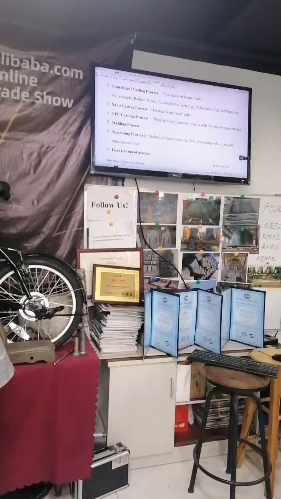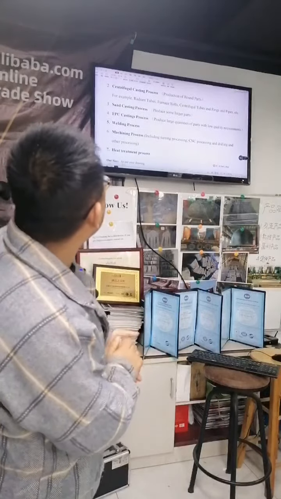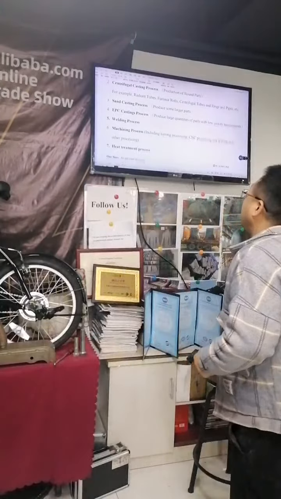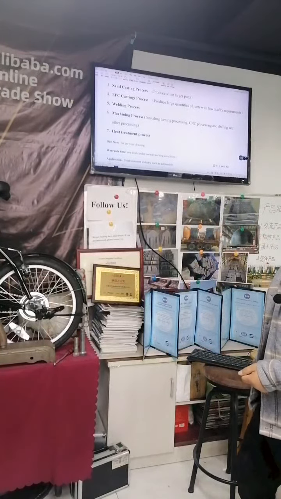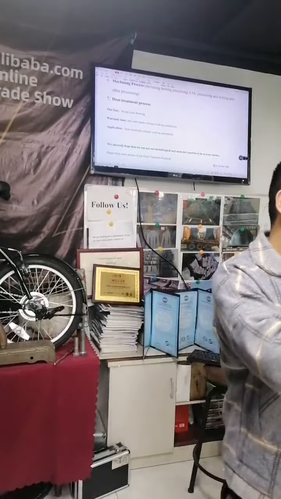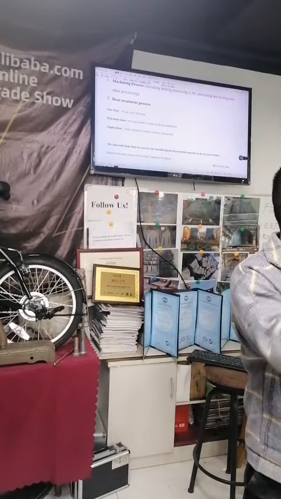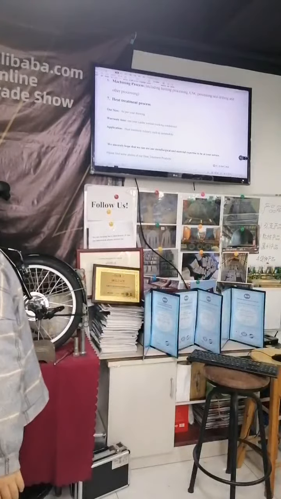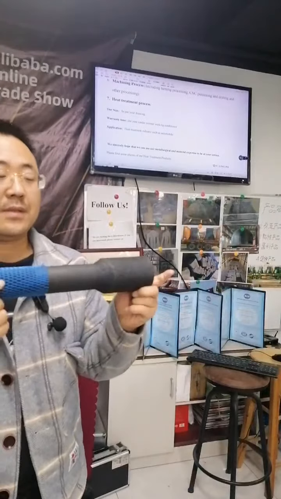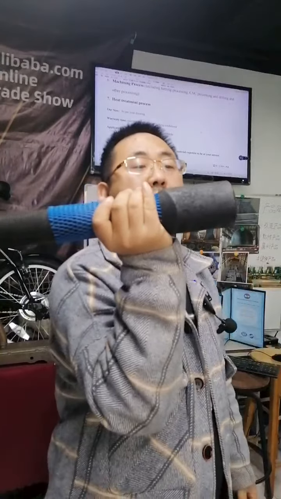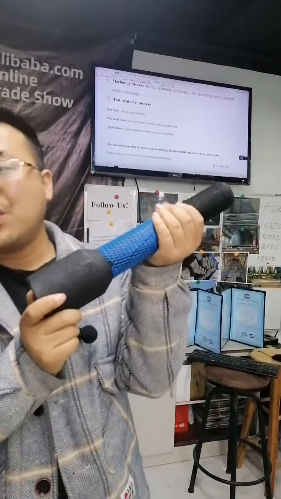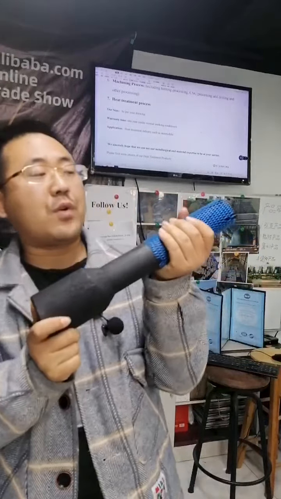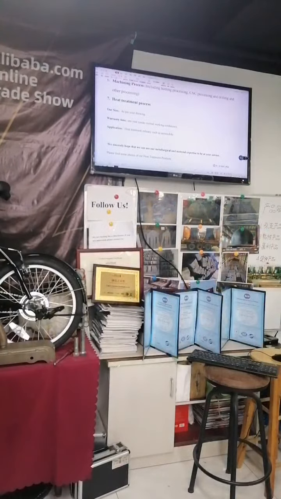And we also have another process like heat resistant process. And we also have a forging process. Like this part. This is our bolt, and we use the forging process to make these parts. And we do CNC.